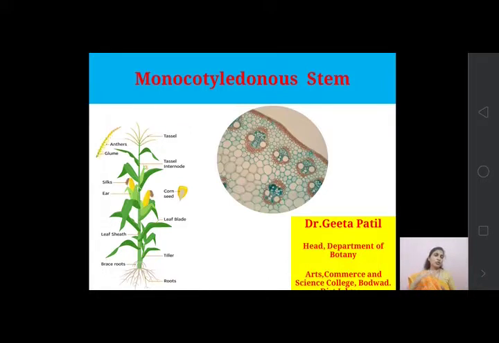As the growth of the plant takes place, it increases in length, height-wise, as well as in diameter, horizontally, so the girth of the stem increases. So why is it so? Because there is a presence of lateral meristematic tissue between the xylem and phloem in case of dicotyledonous plants.